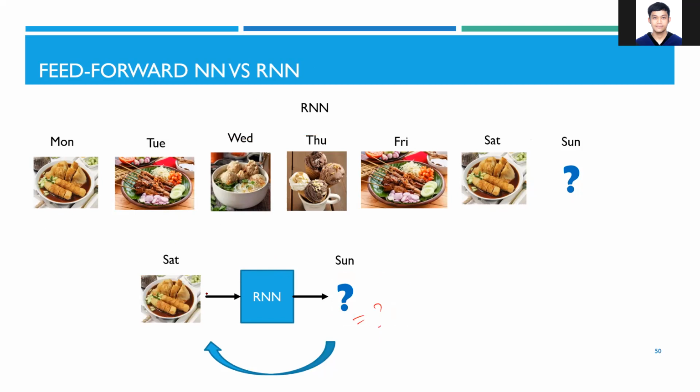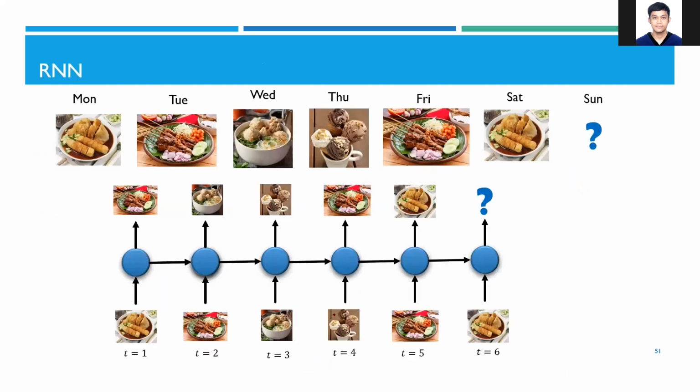And finally, let's say this is already a well-trained RNN. So it can predict, if on Saturday you eat fish cake, what Dr. Yogi will eat on Sunday. Okay, so this is a recurrent neural network like this.